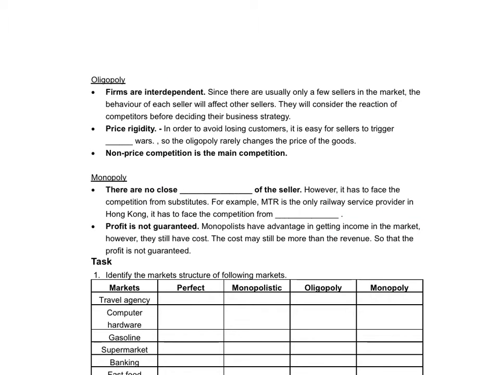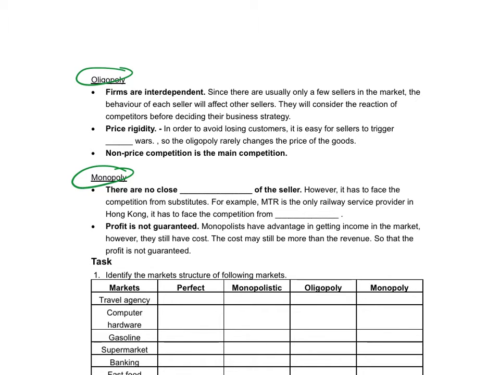Okay, there are several special features we have to highlight for the oligopoly and monopoly. For the oligopoly, because there are only a few dominant sellers, think about the supermarkets. They have only Wellcome and Park'n Shop, and they are the biggest ones. So actually, you will find that the product prices there are very similar. For chocolate, whether you buy it at Wellcome or in Park'n Shop, they are really similar.